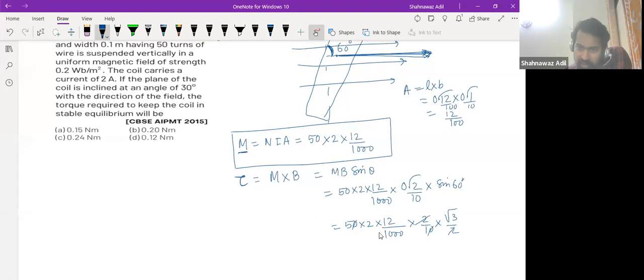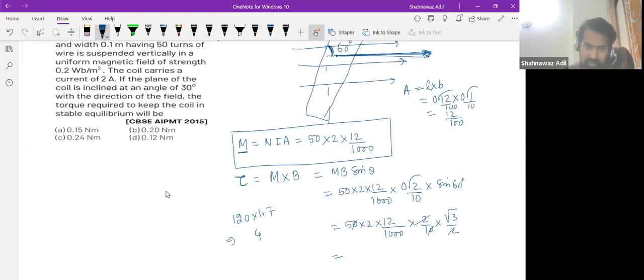And then what do we have? 12 fives are 60, and then 2 sixties are 120. So 120, and root 3 is 1.7. So how much is that? This is 34, and 17 ones are 17, and 30.